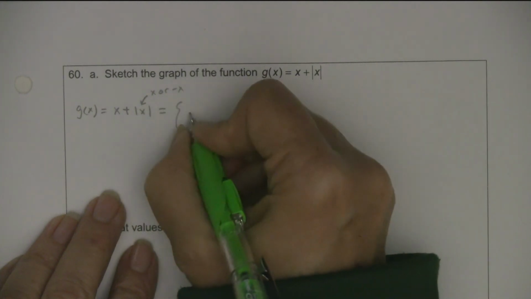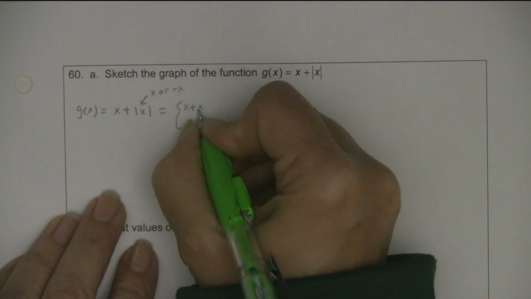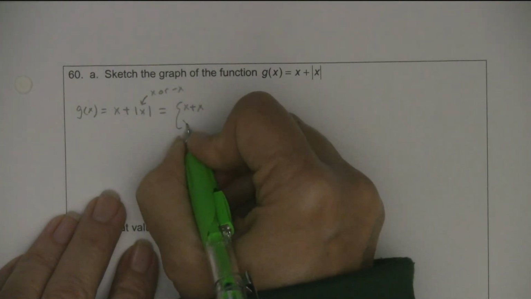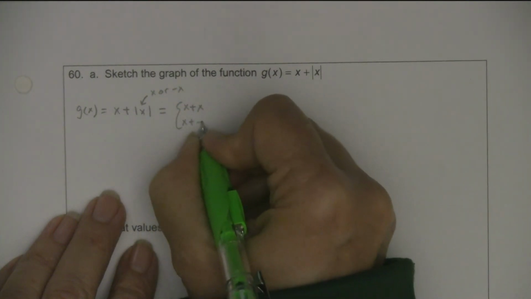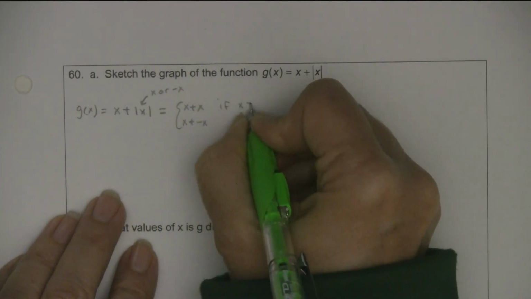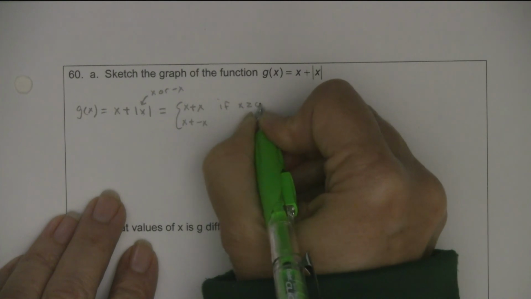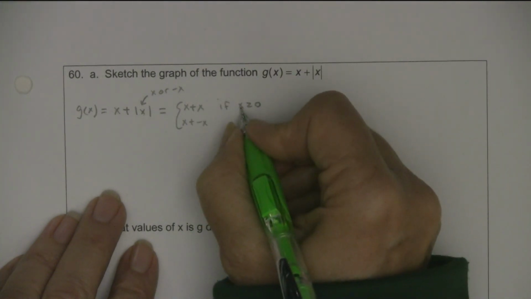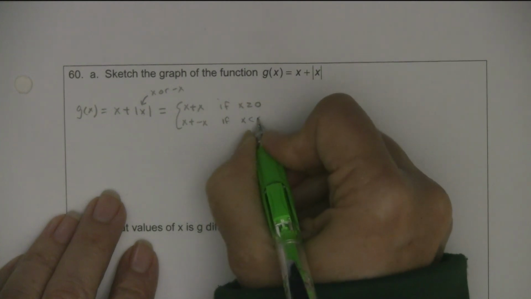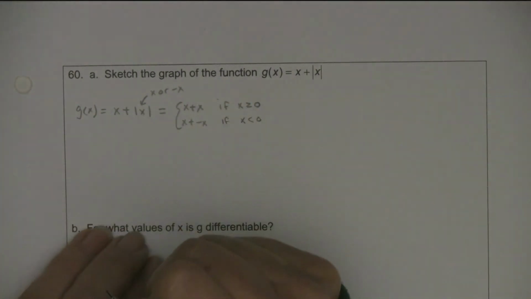When it's x, this would be x plus x, because I already had this x. And then the other one would be x plus negative x. This is if x is greater than or equal to 0, since the inside is x, and this is if x is less than 0. So just the conditions on that.